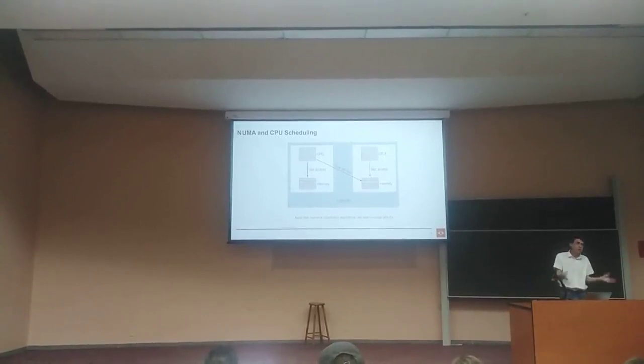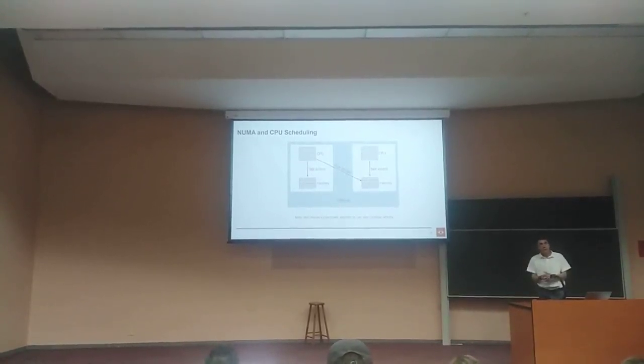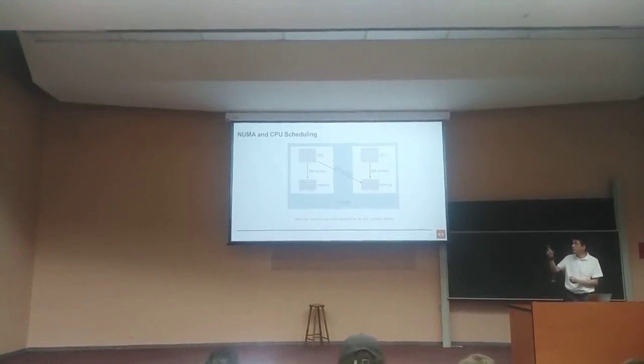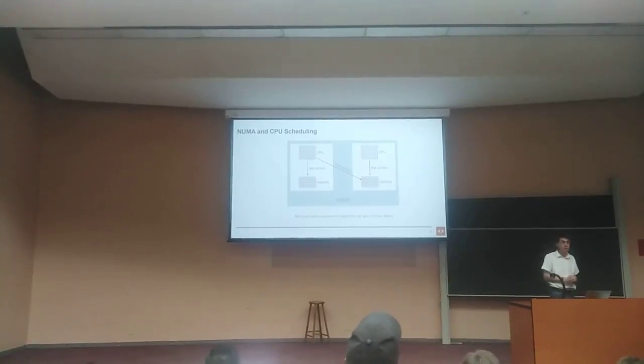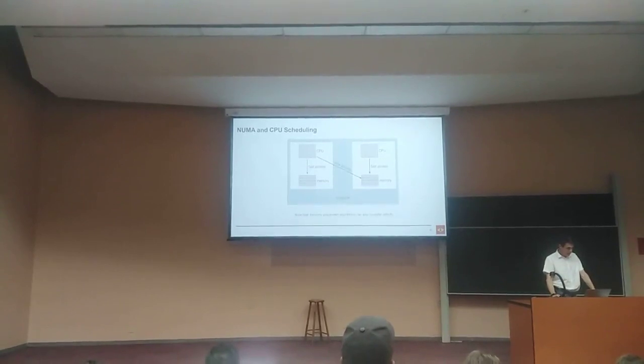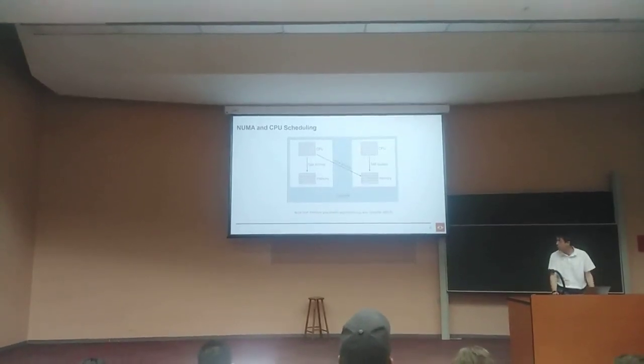So that they can share things together and get access to the same memory. So if they exchange data, you don't have to do it over slow access. And that is the principle of NUMA that is important. And that is chapter 6.